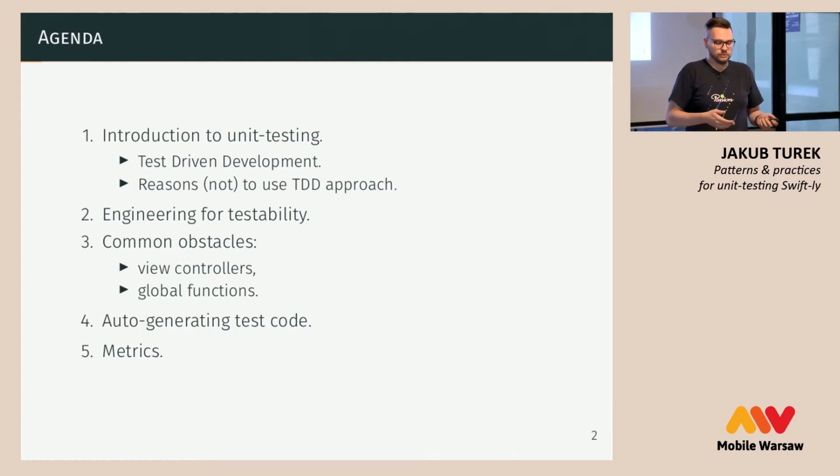Then I will show you how to circumvent some of the common obstacles while testing, so testing view controllers and global functions. Then I will briefly tell about using Sourcery for auto-generated test code, and then a couple of words about different metrics we use.